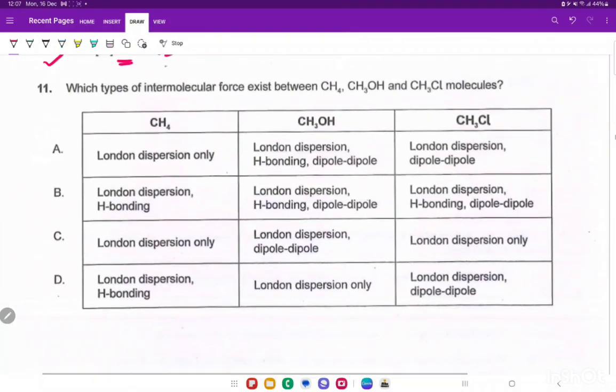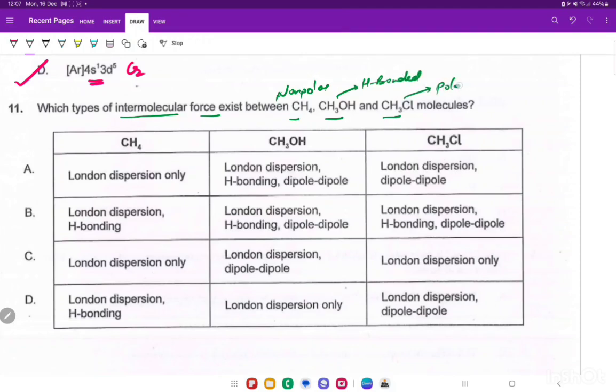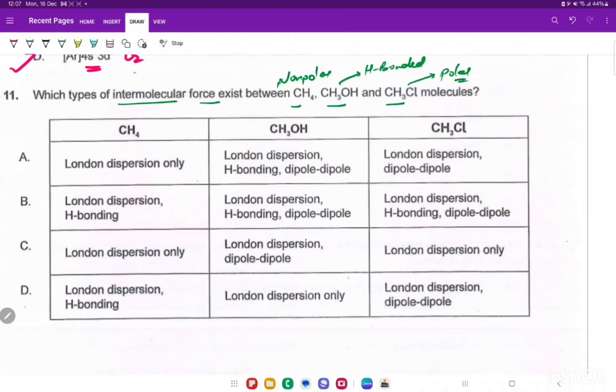Next, question 11. Which type of intermolecular forces exist between methane, CH3OH and CH3Cl molecules? Methane is non-polar, as we know. CH3OH is a hydrogen bonded molecule, and CH3Cl is polar, because C and Cl have different electronegativity.